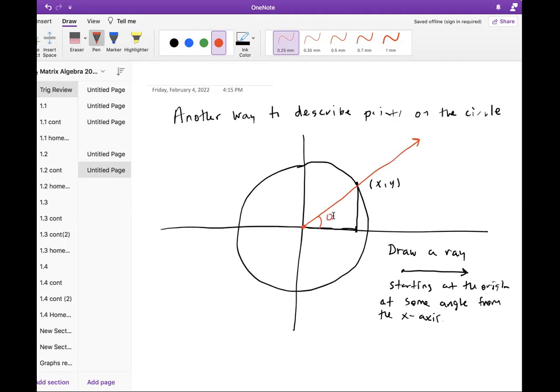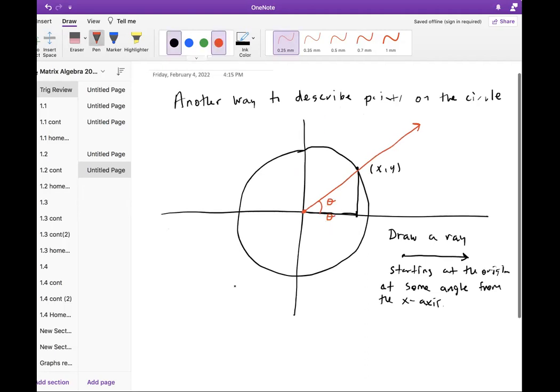Notice that the ray only hits the circle once, right? So the ray intersects the circle at one point. So why is this nice?